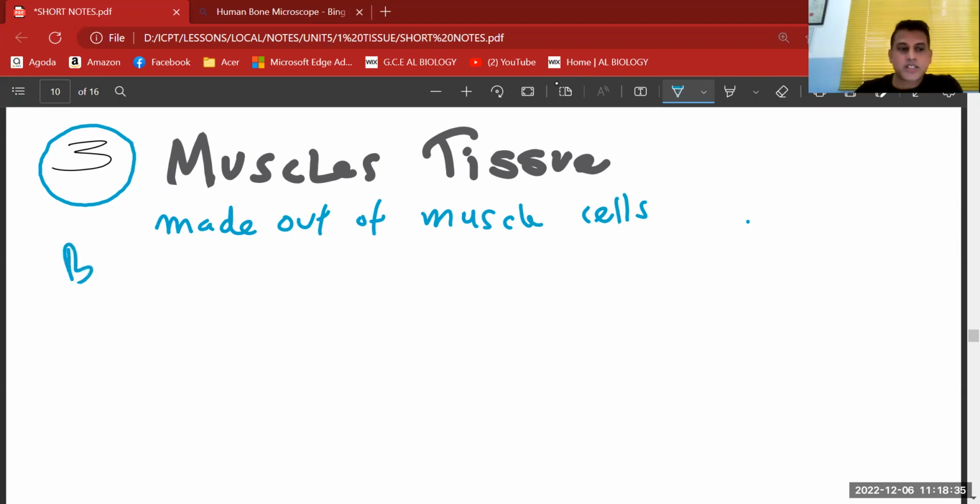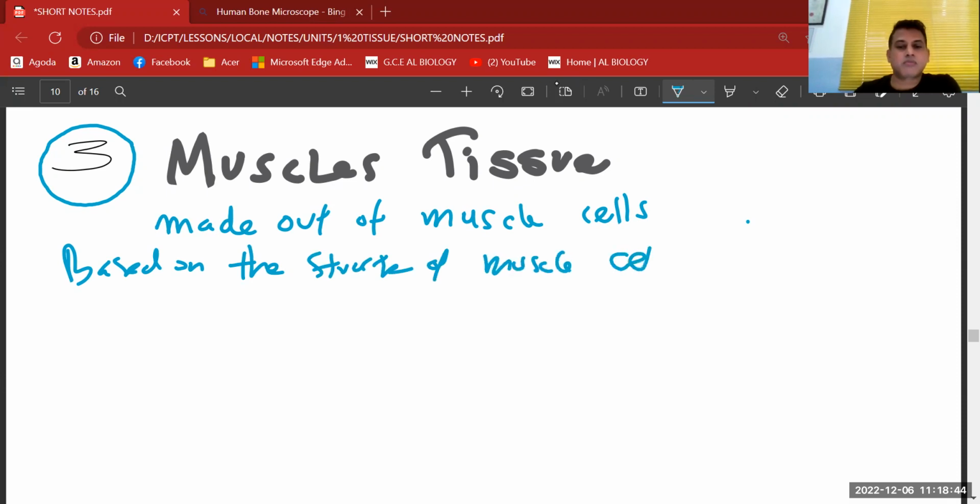Based on the structure of the muscle cells, we have three different types of muscles.